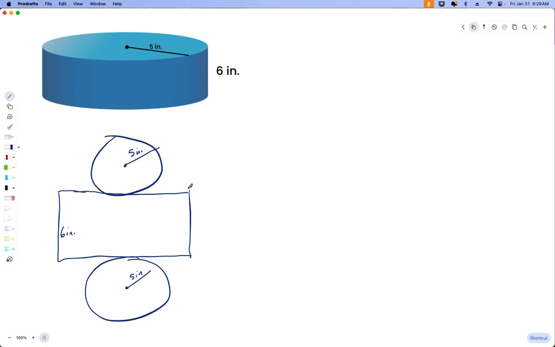So the only dimension we need to find is the width of our rectangle, our label, right? So that is going to be the circumference of the circle. So we're going to find the circumference of the circle. And we know that's 2 times pi. I'm just going to go ahead and put in 3.14 for pi. And then 5 inches is the radius.